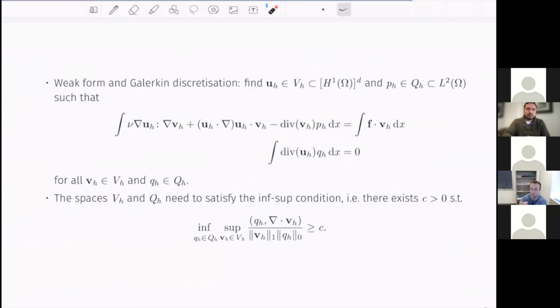Now, what does the augmented Lagrangian do? The augmented Lagrangian adds the penalty term to the Lagrangian formulation. What that corresponds to here is this plus gamma div u div v.